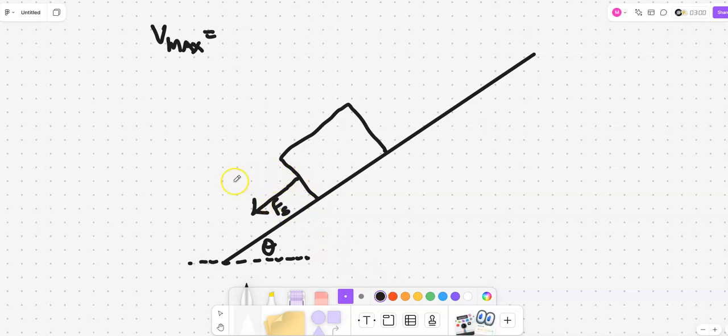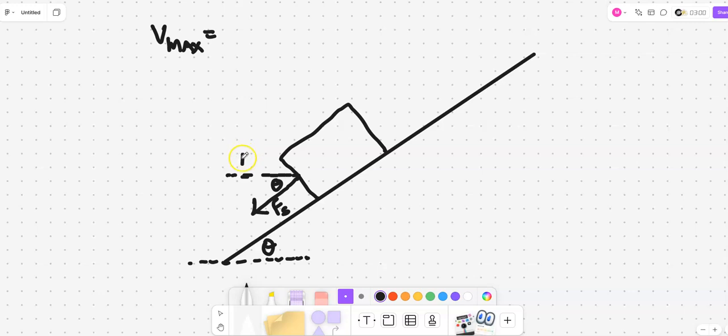I'm going to draw a horizontal here. This angle theta is equal to this angle theta here, alternate interior angles. Go back to geometry. Let me clean this up a little bit. There we go. And so we can break this into its two components.